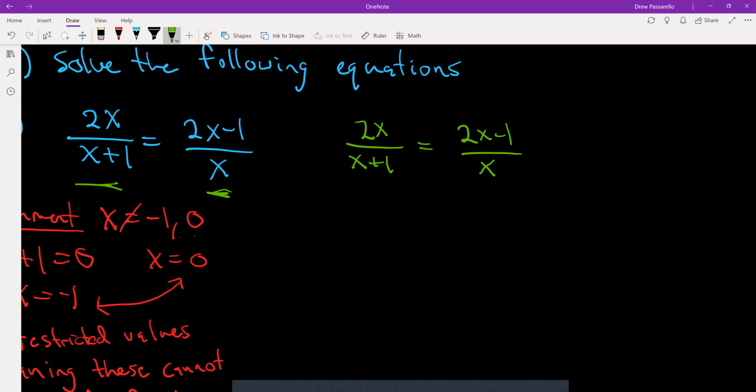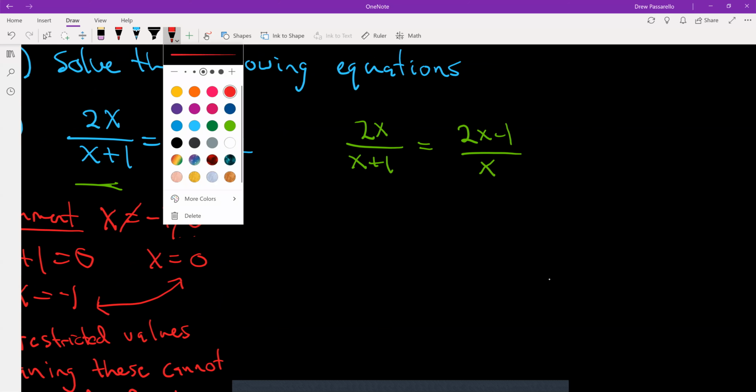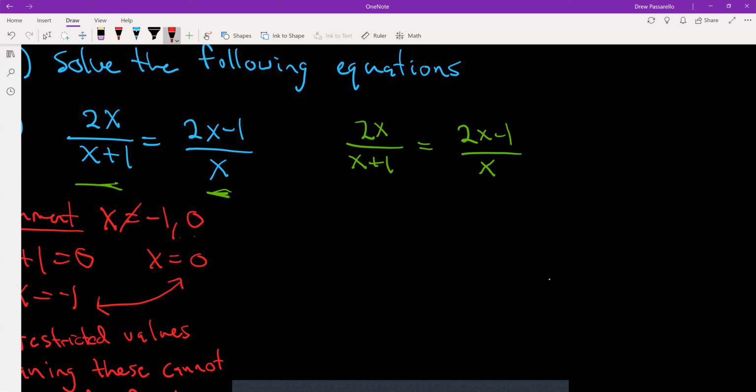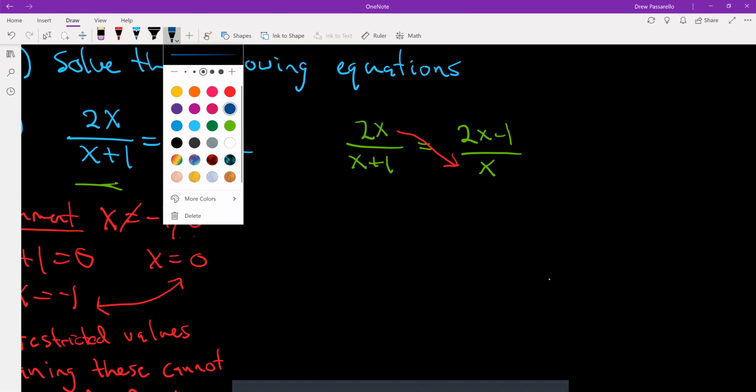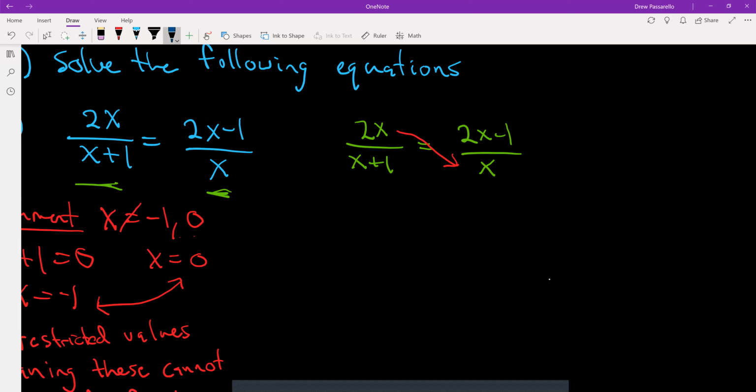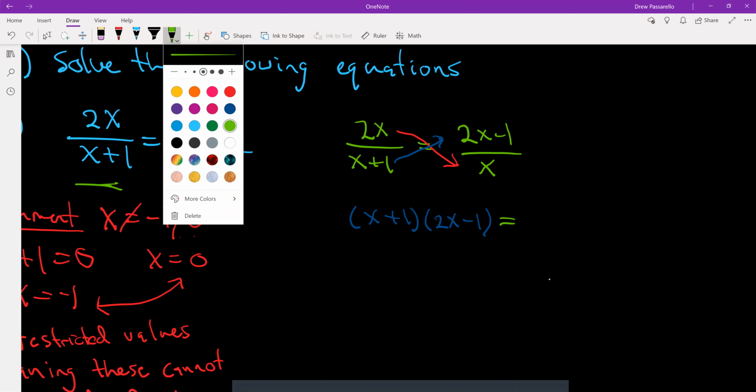All right, for solving this, I use cross multiplication. So I'm going to do 2x times x, and then I'll do x plus 1 times 2x minus 1. So that's going to give me x plus 1 times 2x minus 1 equals 2x times x, that's 2x squared.